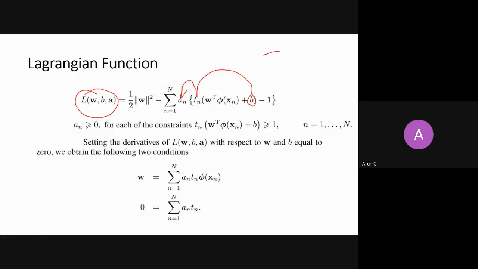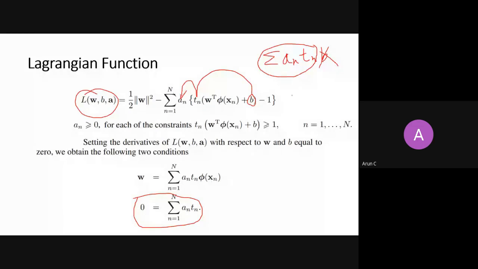It is nothing but summation a_n t_n into b, because b doesn't have any index, so b is a constant. So when you take a derivative with respect to b, you will get only this summation term here, right? Because you are taking a derivative with respect to b itself. And when you put it equal to 0, this is what you will get, right?